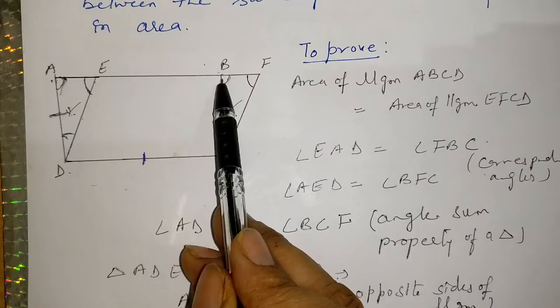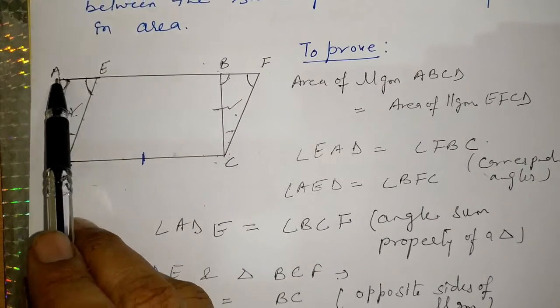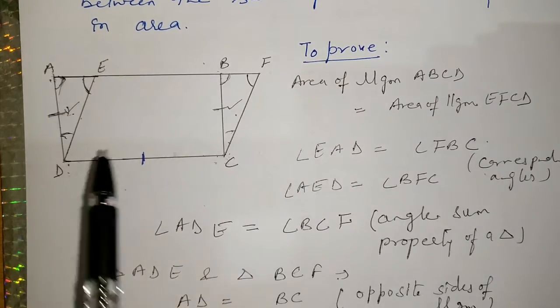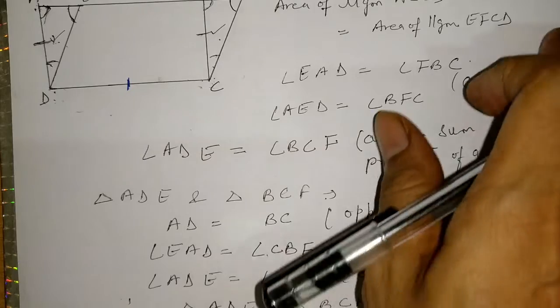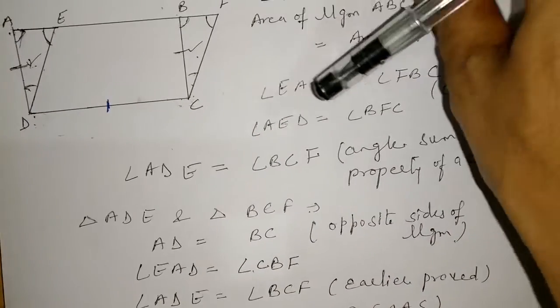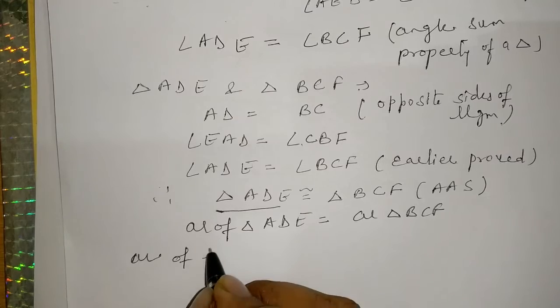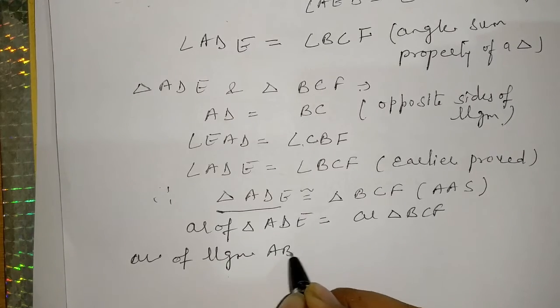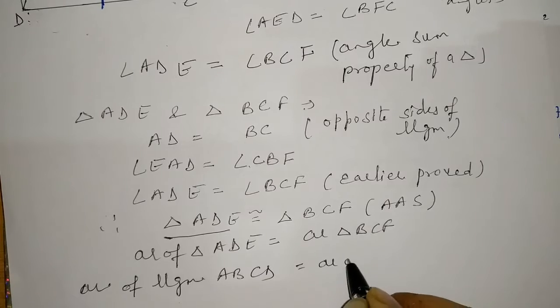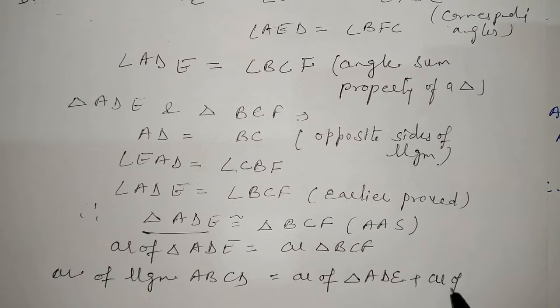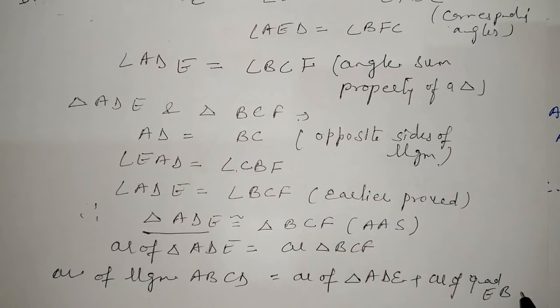Area of parallelogram ABCD is area of triangle ADE plus area of quadrilateral EBCD.